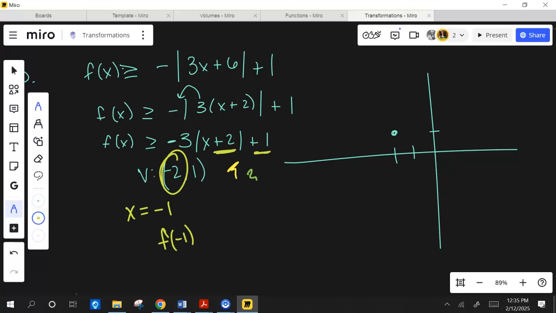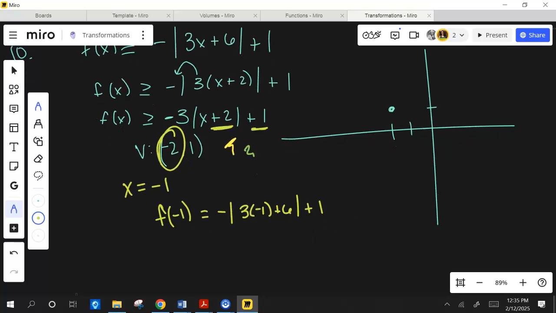All right, I'm going to plug that in, and it will give me my y value. In other words, if I do f of -1, if I write it that way, is anybody confused? Then I get negative, and I have 3 times -1 plus 6 plus 1. Inside the absolute value, I can't have a negative outside, though.